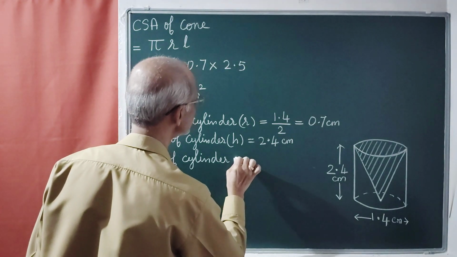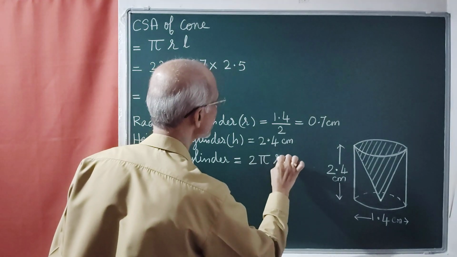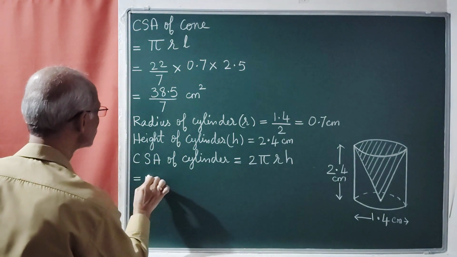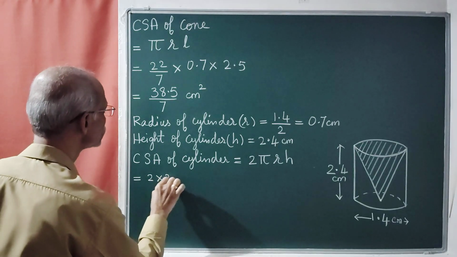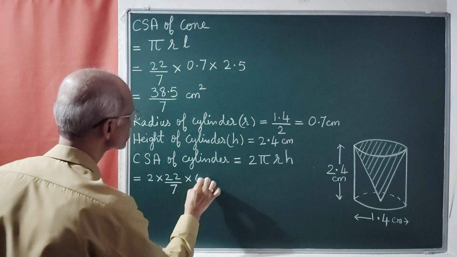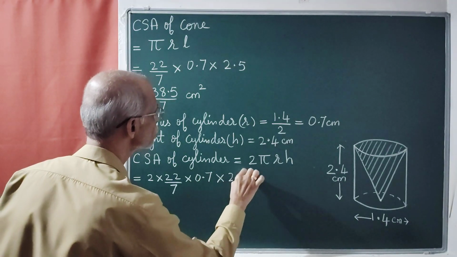So CSA of cylinder is equal to 2 pi RH. That's equal to 2 into 22 by 7 into 0.7 into 2.4.